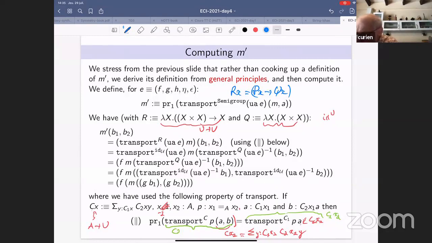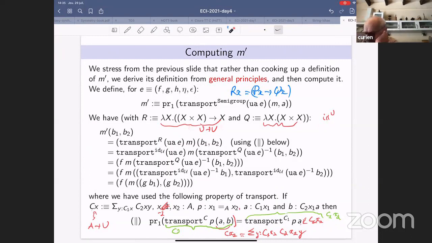So here I have to rename things. What plays the role of P is this family Q, and what plays the role of Q is this family id. Okay, because here it's really from the family Q to the family id.